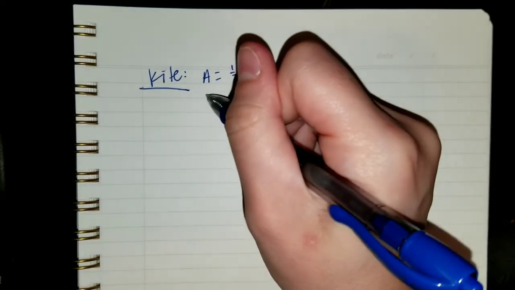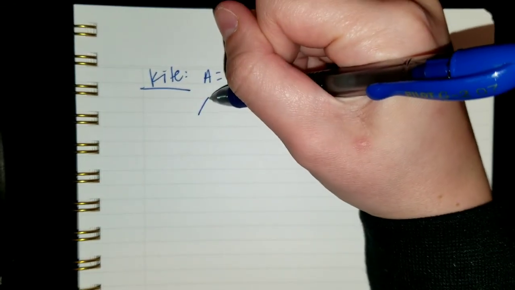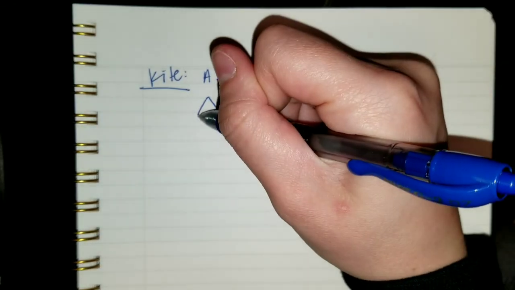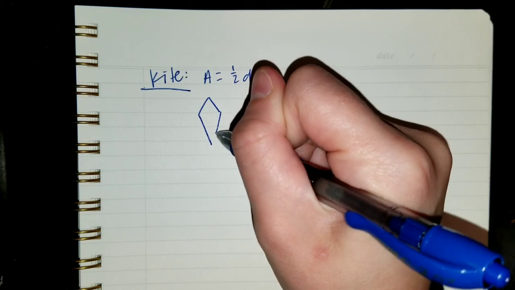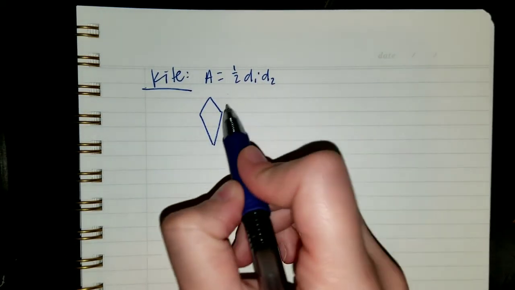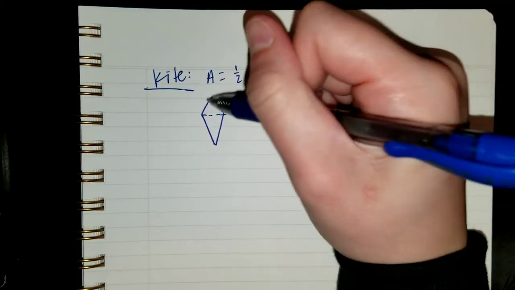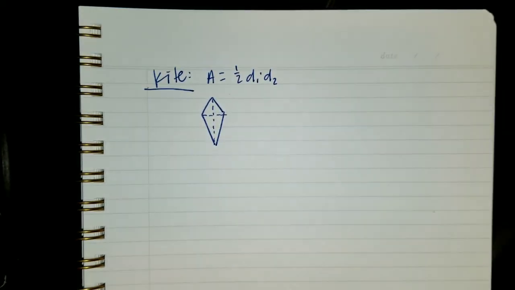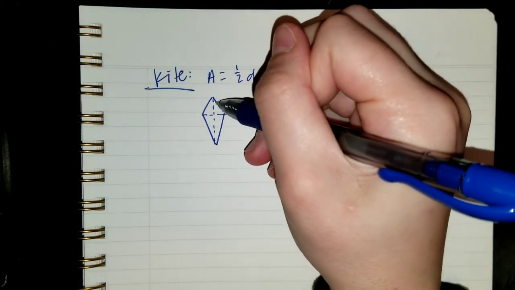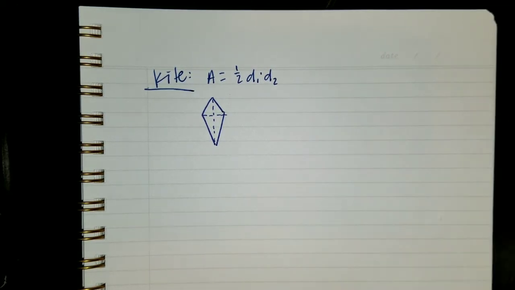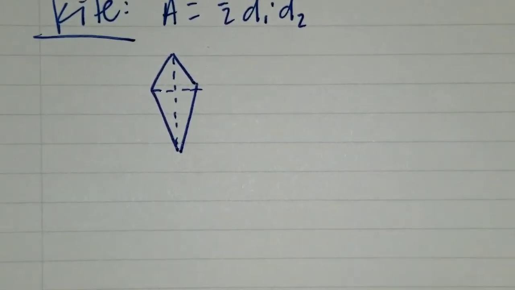A kite has 2 sets of congruent sides. The diagonals are what connects the opposite vertices.